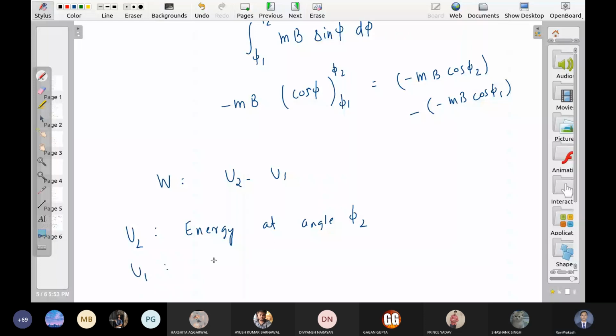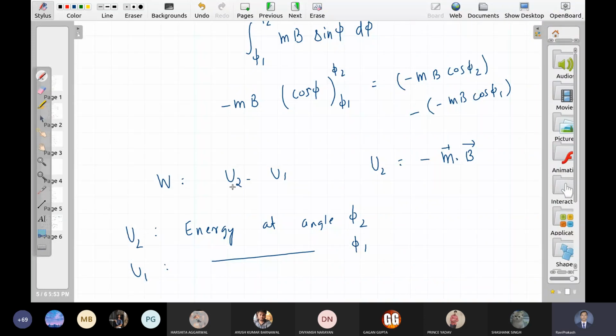Minus m dot b. M dot b means m into b into the angle between them. The angle between them is phi 2. So you can think of it like initially the dipole moment has U1 energy, and after doing this much work on the dipole moment, its new energy becomes U2.